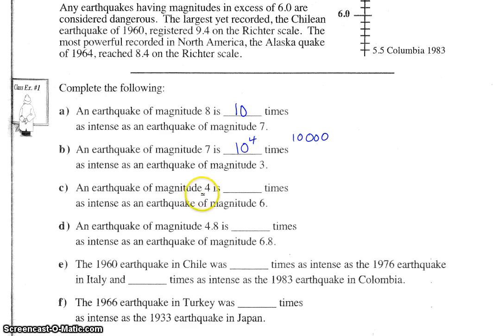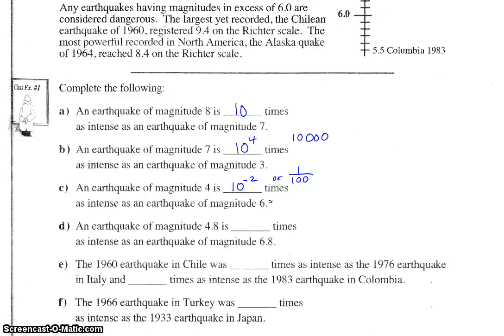If we compare a magnitude of 4 to a magnitude of 6, that would be less than 1, so 10 to the negative 2, or 1/100th times as intense. The negative 2 came from going 4 minus 6. So you get the idea of these, right?